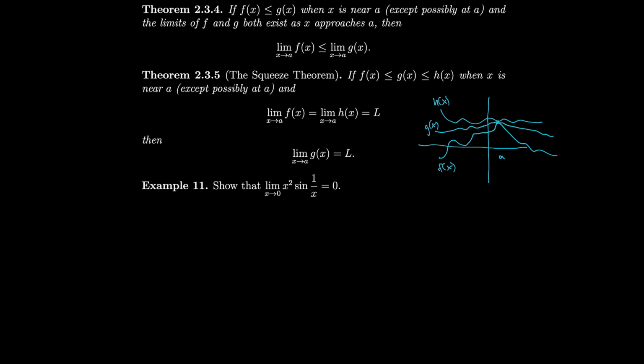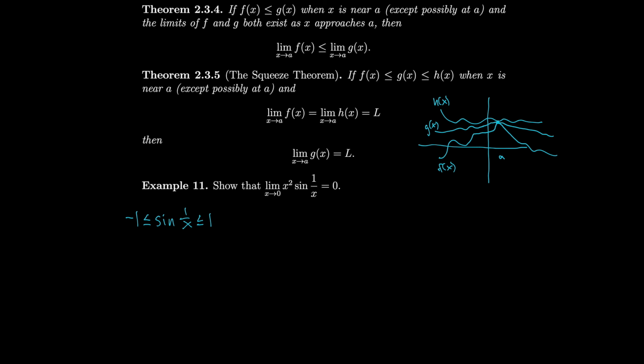Remember that sine can never be bigger than 1, and it can never be smaller than minus 1. So that means that sine of 1 over x is squeezed by 1 and minus 1. It's always smaller than or equal to 1, and it's always greater than or equal to minus 1. Doesn't matter what we take the sine of, any sine function will always have that property.